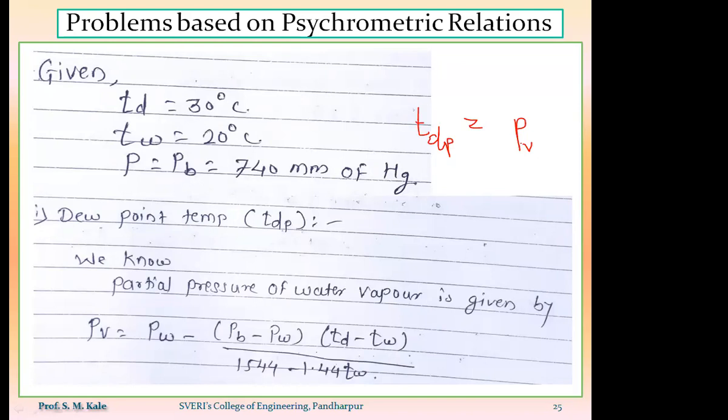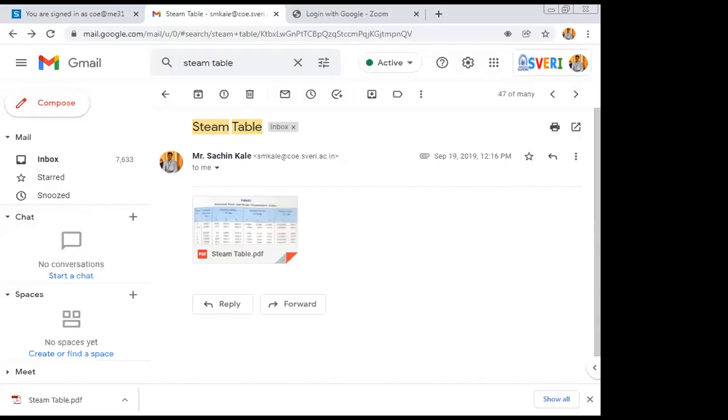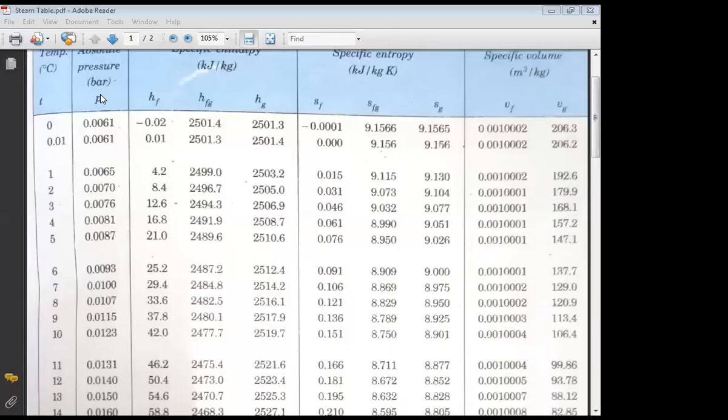But before proceeding with that, one more thing. If you see the steam table, whatever values of pressure are there, those values are in terms of bar.